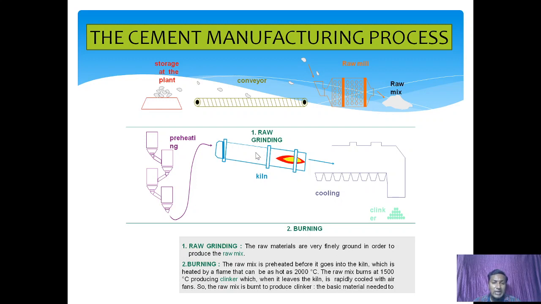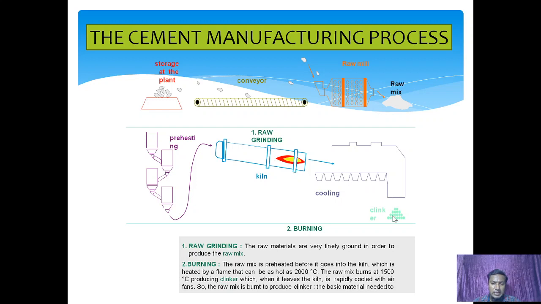The kiln is heated by a flame that can be as hot as 2000 degrees Celsius, and the raw mix burns at 1500 degrees Celsius, producing clinker, which when it leaves the kiln is rapidly cooled with air fans. So the raw mix is burned to produce clinker.